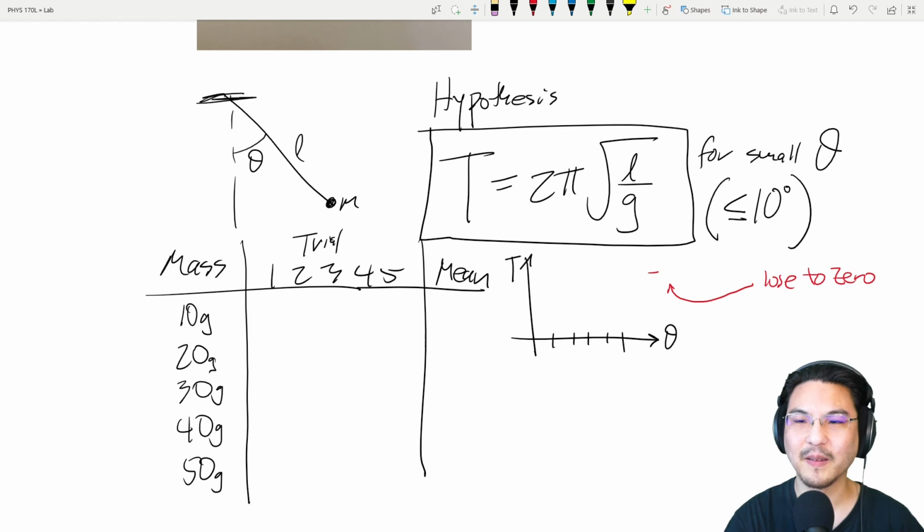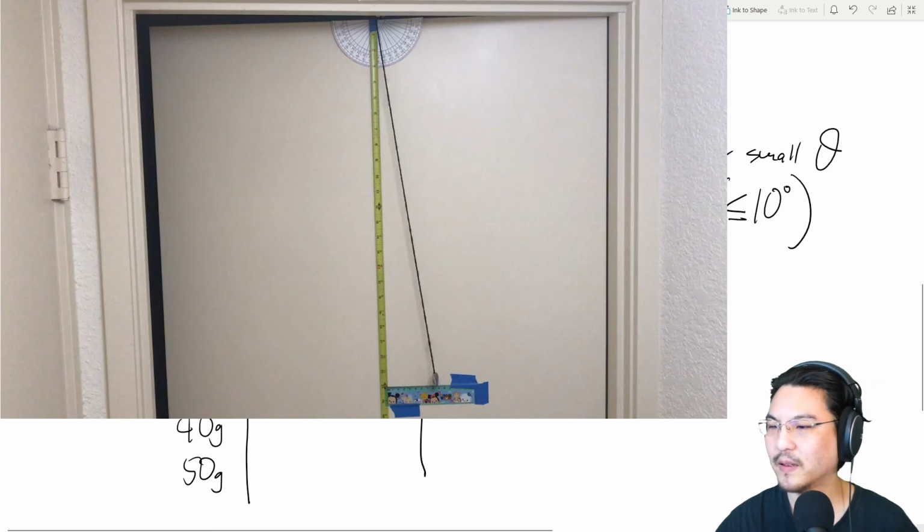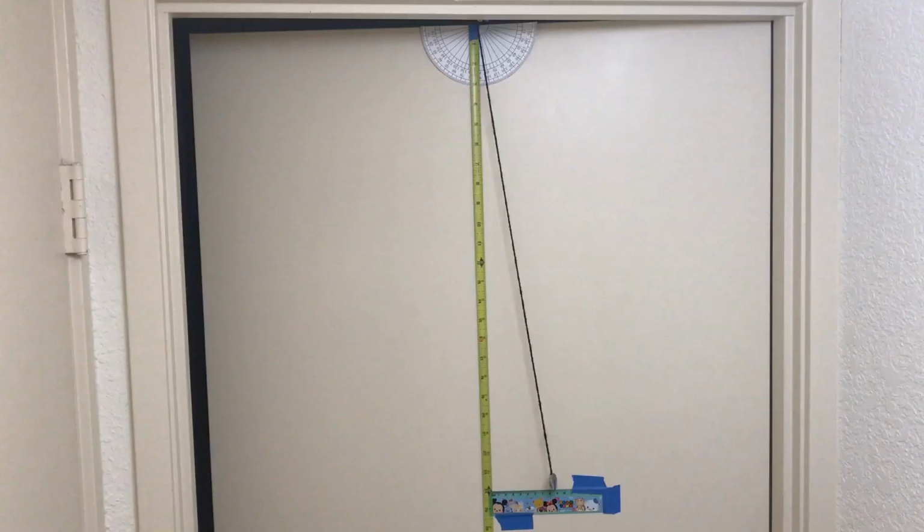Okay, so then I'll just show a clip here. So this is just a composite of 3 swings each for 5 different masses. Okay, so this is 10 grams.